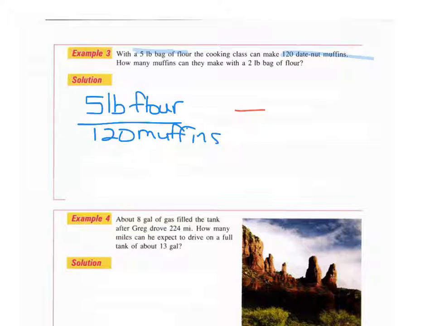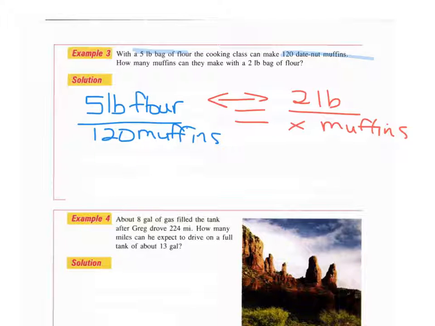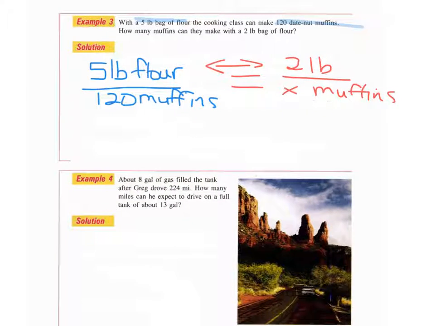Now, when I go to set up my other ratio, I'm going to make sure that the pounds of flour are in the top because they need to be across from where I labeled it here, and then the number of muffins is in the denominator. So when I go to set this up, the 2 will go here and the x goes here. So now I can solve my proportion. So it'll be 5 over 120 equals 2 over x.